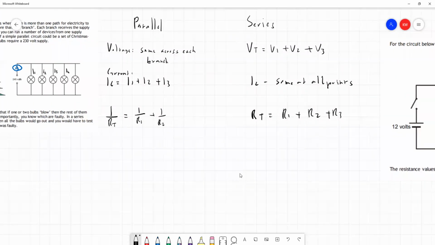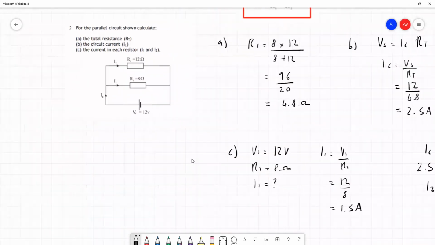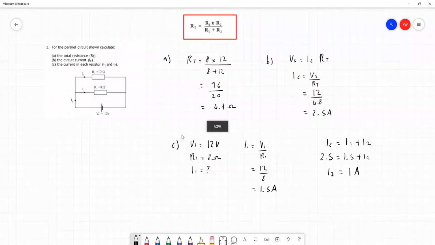So we had Kirchhoff's second law before, and this is Kirchhoff's first law here: the total current is going to equal the sum of the current in each of the branches added together. And that concludes the remaining worked example.